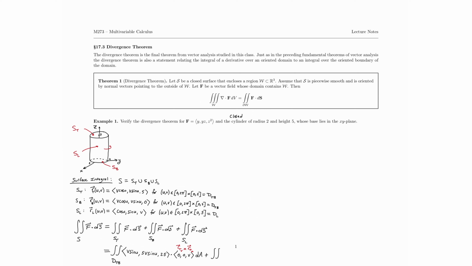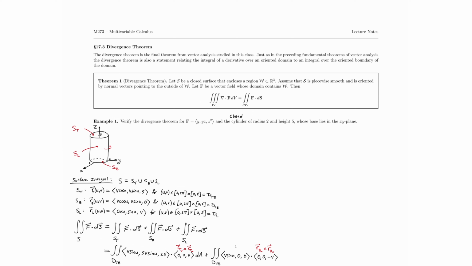Plus the double integral over D sub TB of, we'll have y, which is v sine u, yz, which is 0, and z squared, which is 0, dotted with, again, in this format, 0, 0, negative v, which is r sub BU cross r sub BV.